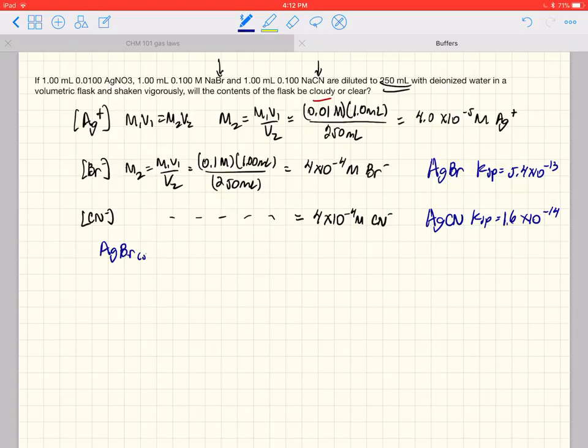Silver bromide is in equilibrium with its ions. And we want to calculate the Q here. So the Q is the concentration of silver, which we calculated was 4 times 10 to the minus 5, times bromide, which has a value of 4 times 10 to the minus 4. Okay, and we want to punch that in our calculator.